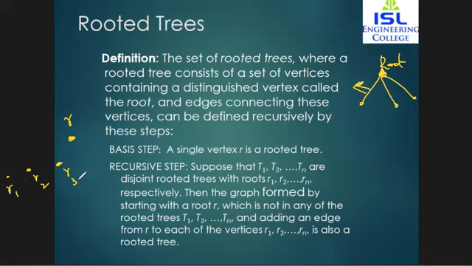Then the graph formed by starting with a root R which is not in any of the rooted trees and adding an edge from R to each of the roots: R to R1, R to R2, and R to R3. Now this is considered a tree. It can also be given as building up rooted trees, which you'll see in the next slide.